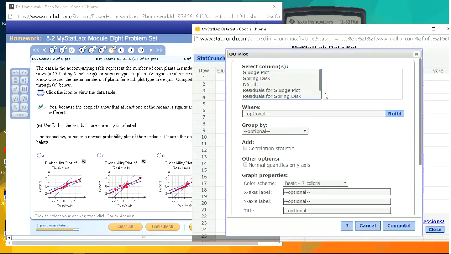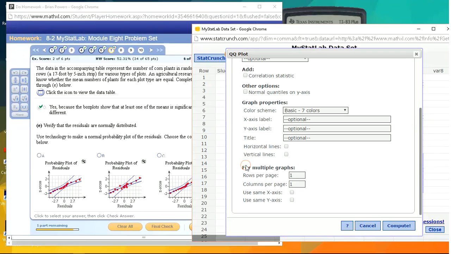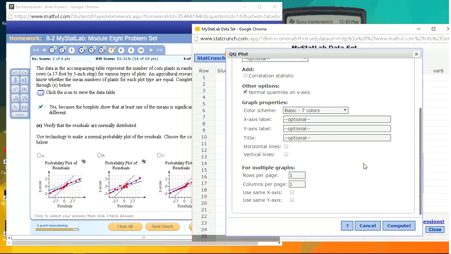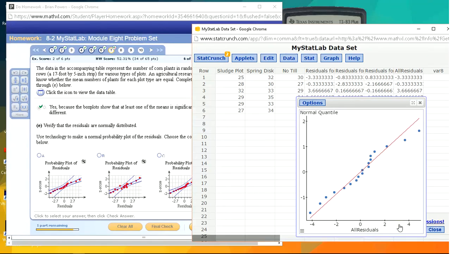I'm going to select everything from the all residuals column, and I'm going to put the normal quantiles on the y-axis. If you notice, in each of these three plots, z-score is on the y-axis and residuals are on the x-axis. That's how I want it. So I check off normal quantiles on the y-axis, and that's it. I'm going to just click compute, and we'll see what this looks like.